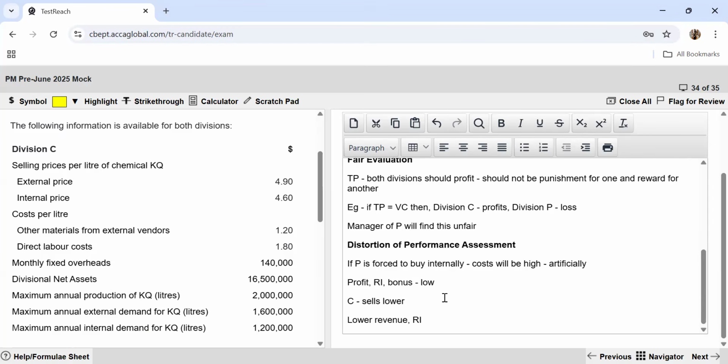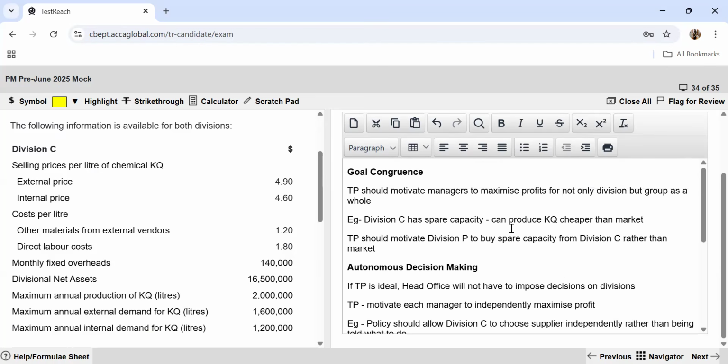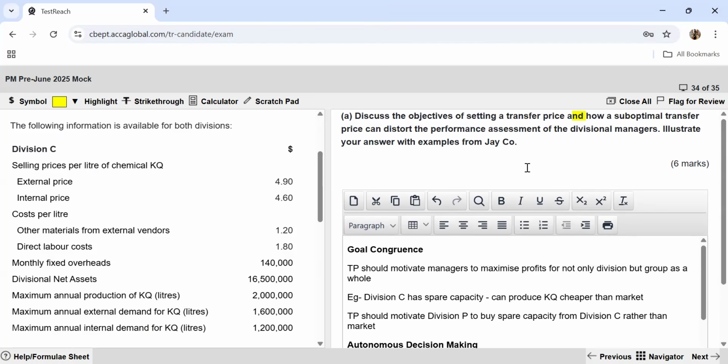So distortion of performance assessment would mean that whatever way I am assessing the performance of the manager, the manager feels the assessment is not proper. Proper numbers have not been taken, because for P it was unfair because costs were higher. For C it was unfair because they had to sell at a lower selling price. So this is how we are going to frame our answer for the first 6 marker requirement.